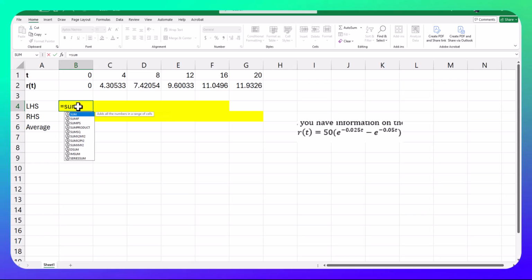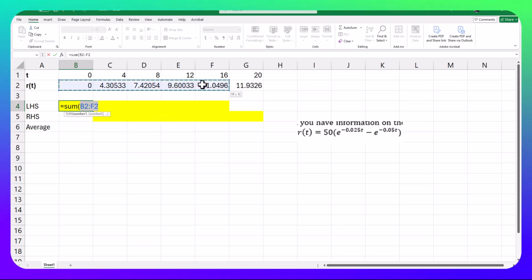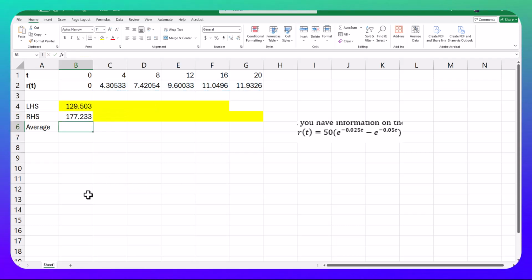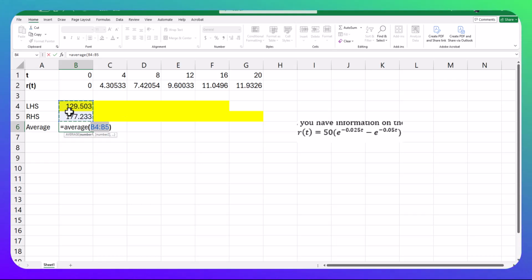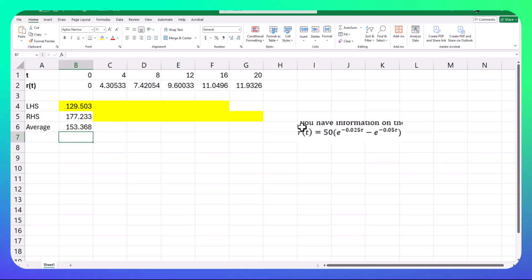So equals sum, the left-hand values, times, again, 4, sum the right-hand values, and then times 4. And then so nicely, Excel has an average formula, but basically what you're doing is you're adding these two values and you're dividing by 2. So that gives me my average.